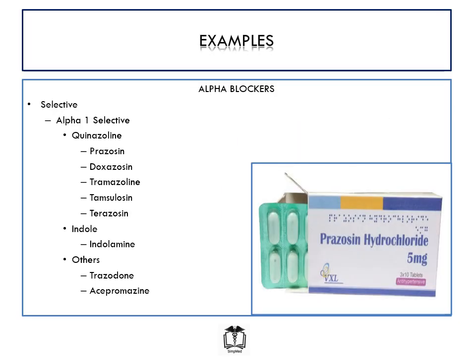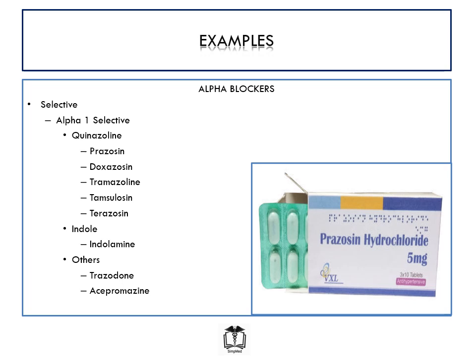For the selective alpha blockers, starting with alpha 1 selective drugs, we have a subgroup of alpha 1 selective drugs classified as quinazolines. So quinazolines include drugs like prazosin, doxazosin, alfuzosin, tamsulosin, and terazosin. If you pay attention, you will notice that most of those drugs classified as the quinazolines tend to end with the suffix azosin in their name somewhere.